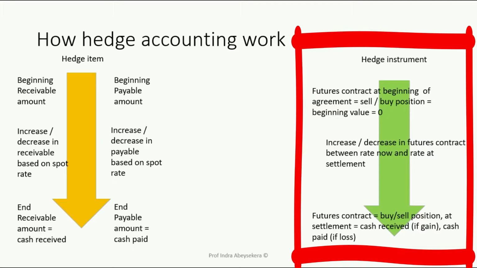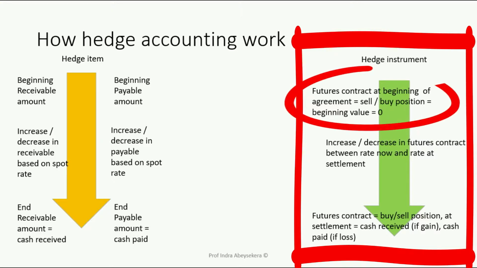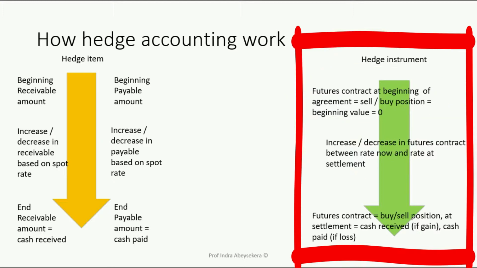At the time of entering into the contract, the value of the contract is zero because it is the beginning of that contract. There may be an initial deposit that's been paid. That's by the way. But in terms of the contract value, it is zero because it just entered it.